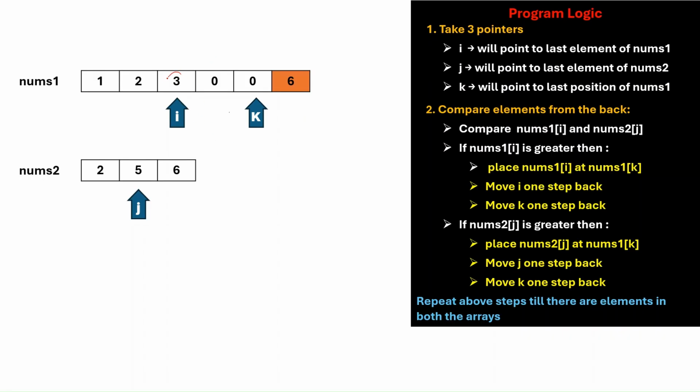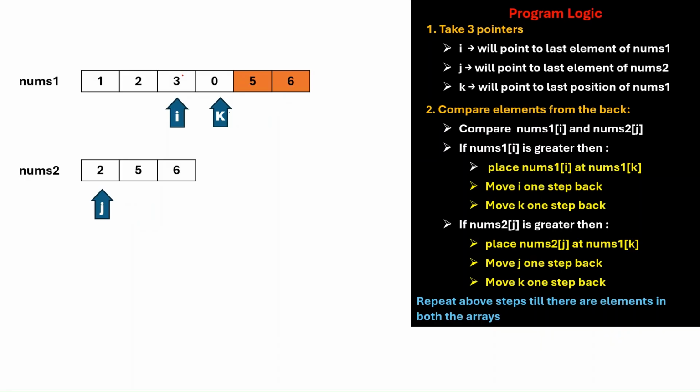Now nums1 i is 3 and nums2 j is 5. So we'll compare 3 and 5. 5 is greater, so we'll put 5 at kth position and we'll shift j pointer and k pointer. See here, I have kept 5 and now I am shifting j pointer and k pointer.